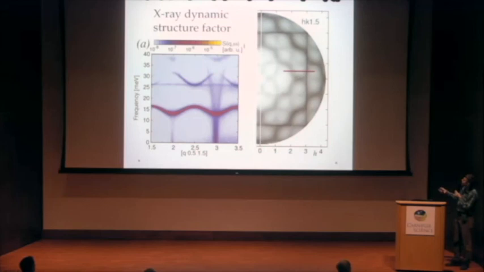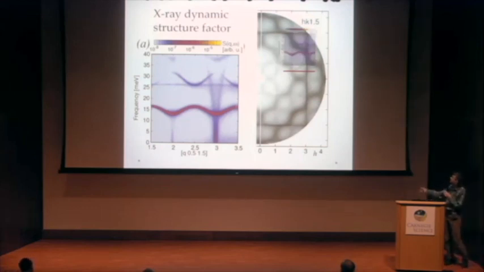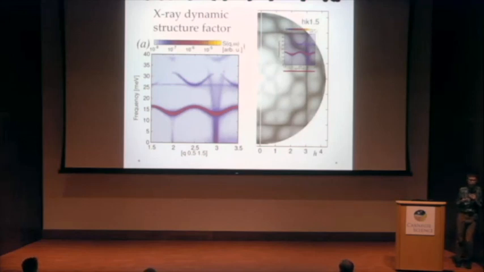And we can look somewhere in the reciprocal space, for example, along this line, what will be actually the contribution of different excitations to the diffuse scattering here. So if you wish, on this line, we plot the frequency dependence of the excitations which contribute to the scattering of our X-ray beam.